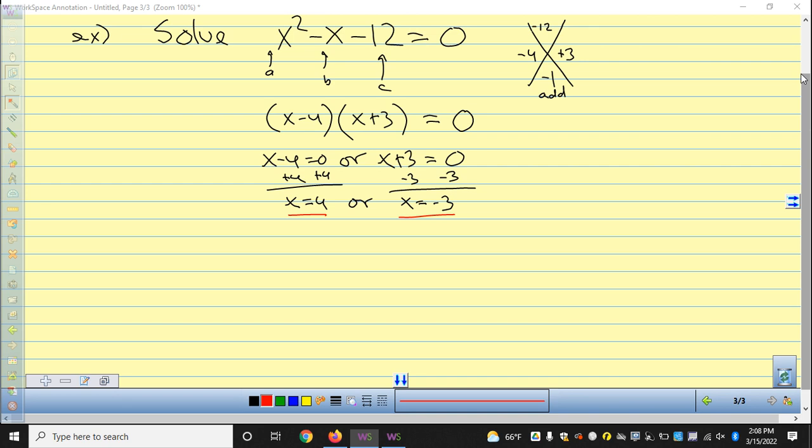Let's look at another one. We're still solving. Solve 3x squared plus 13x equals -4.